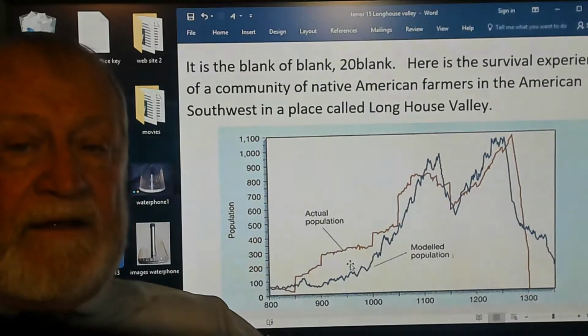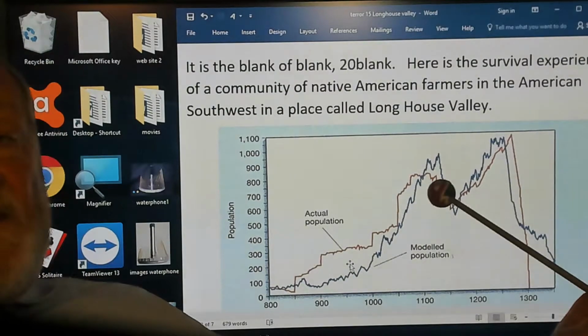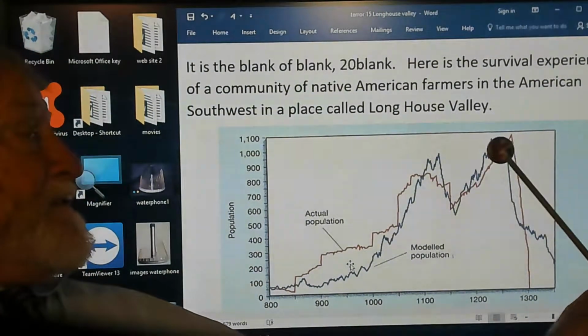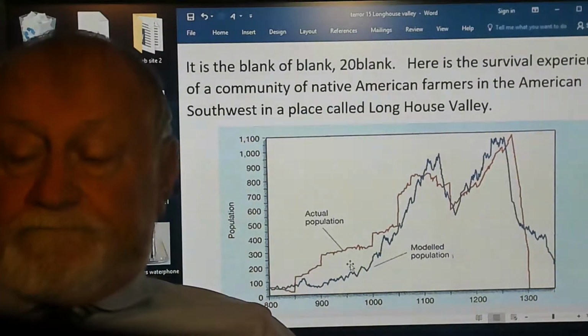And then they looked at tree ring thicknesses, and they could do climate, right? So the two lines really are number of occupied houses in red and tree growth in blue.